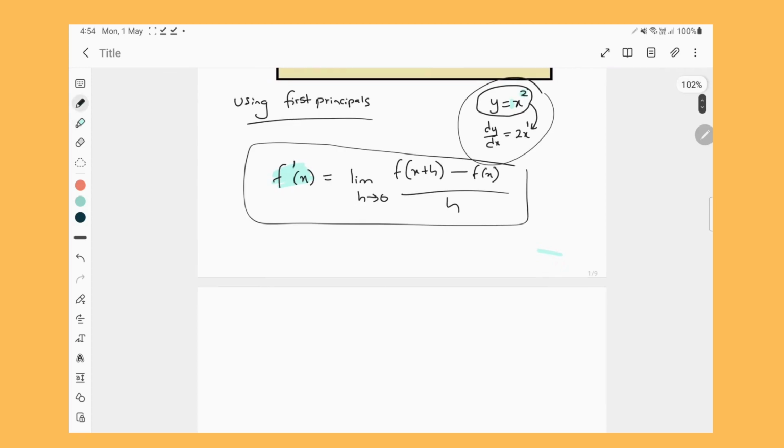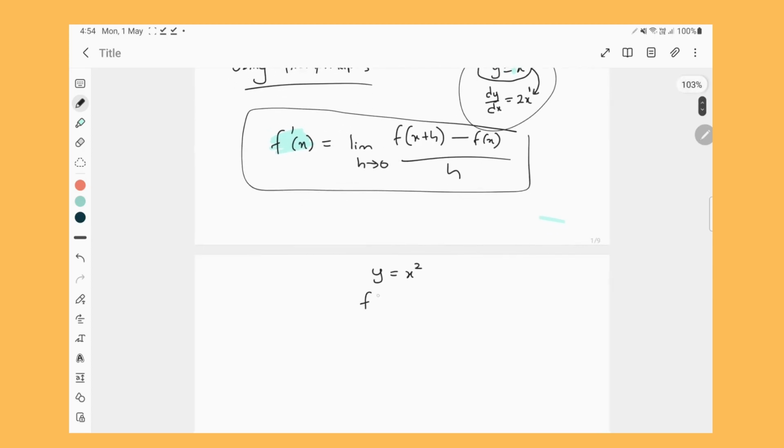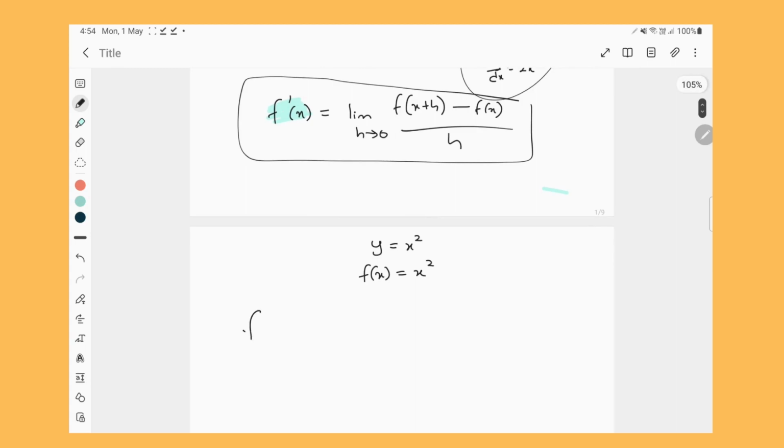Alright, let's get a term. So you know that y is equal to x squared. I need to prove it using first principles. So I can take this as f(x) is equal to x squared. So f dash x is equal to limits of h goes to 0, f(x plus h) minus f(x) over h. What is f(x plus h)? If I get the f(x plus h), that means I'm gonna put x plus h in here.